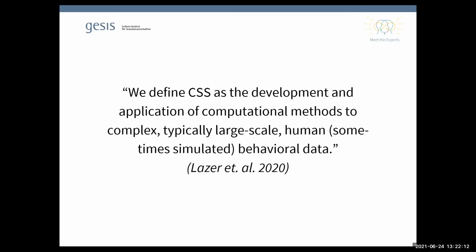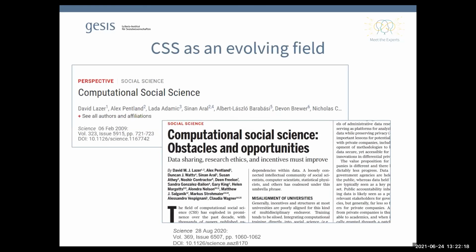And this is taken from one of the key publications in the field, which is the lower one in this screenshot here. But it's the follow-up publication of one of the initial papers catching broad attention that defined computational social science. So this was happening in 2009 when a group of researchers from different backgrounds, led by David Lazer in this case, wrote a Science article on defining computational social science.